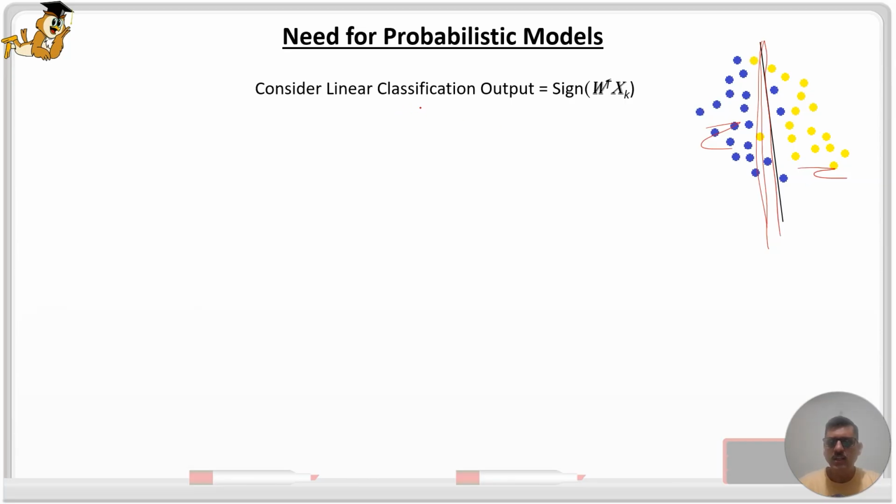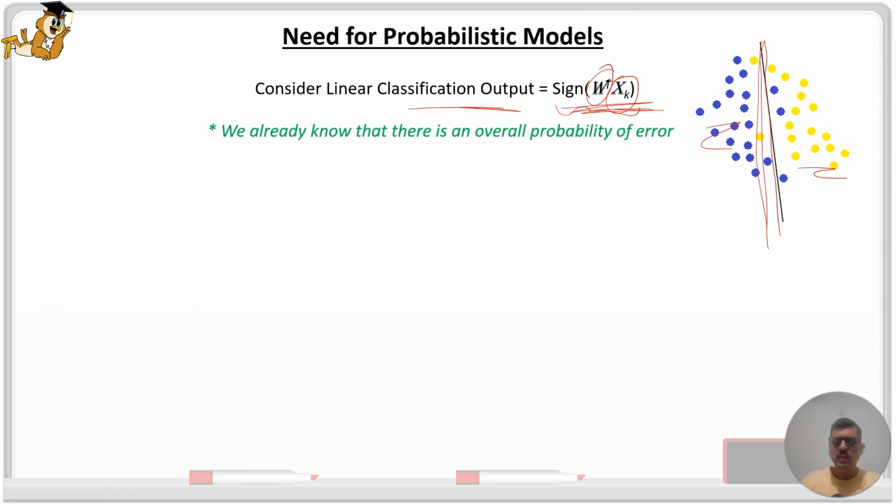And you said that the classification output was going to be the sign of W transpose xk. Xk here is the vector of input dimensions and W is your best weights, which you determined by doing probably gradient descent or some such optimization algorithm. Your classification output was sign of W transpose xk. This is what we said was the linear classifier.